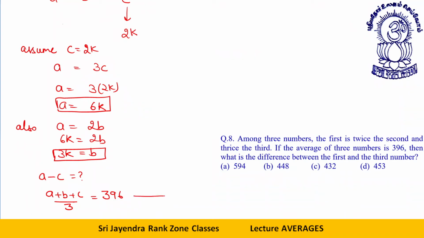Okay. From here I can say A is what? 6k. B is what? 3k. C is what? 2k, divided by 3 is equal to 396. This is 11k. 11k by 3 is equal to 396. Okay, 11 cancels.